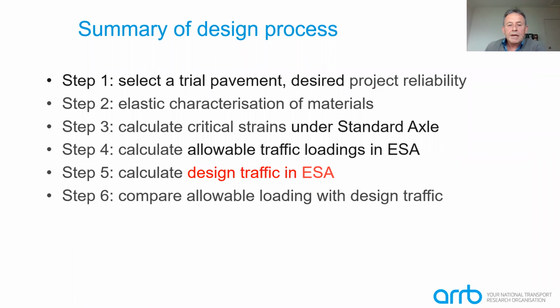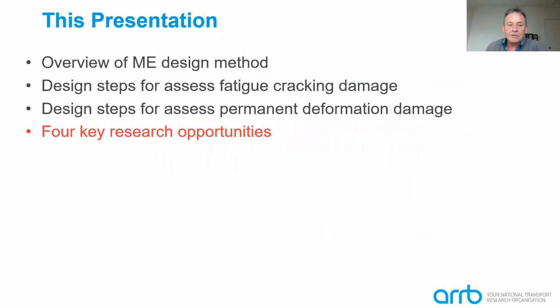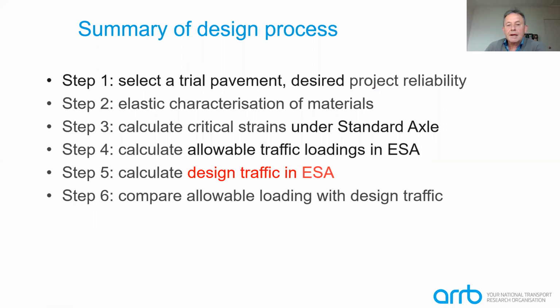So having calculated the allowable loading in equivalent standard axles, we then need to calculate the design traffic in equivalent standard axles, as we talked about last week, and then the allowable and the design traffic will be compared, and if the allowable ESAs exceeds the design traffic, the pavement would be acceptable.